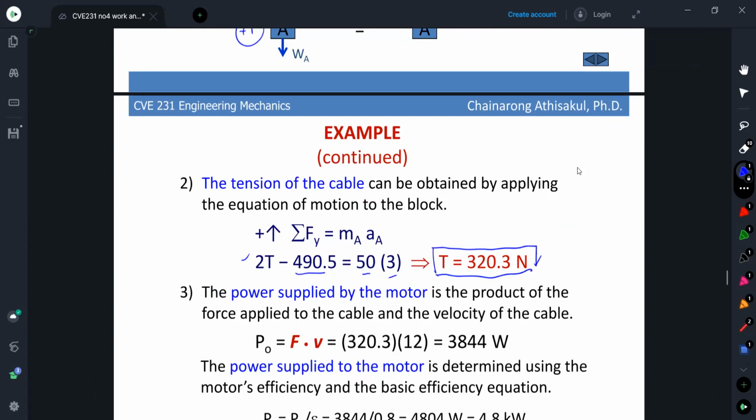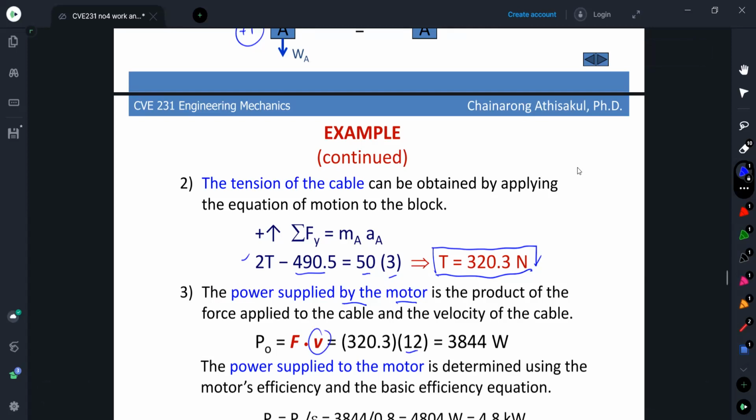After that, we use the tension in the cable to find the power supplied by the motor. The power supplied by the motor produces the force applied to the cable with the velocity of the cable at point P, which we now know from the problem is 12.